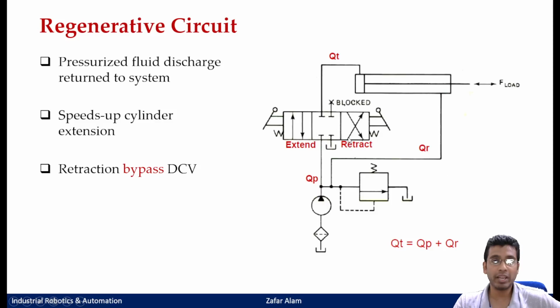For this cylinder to retract, unless my pressure port gets connected to my B port, that is the other end of the port, my cylinder would not retract. But this port is blocked. So what is happening? I actually bypass the entire DCV for retraction. That means in this case, the retraction envelope of my DCV is not required here. Only your extension would be required, whereas your retraction would be what?